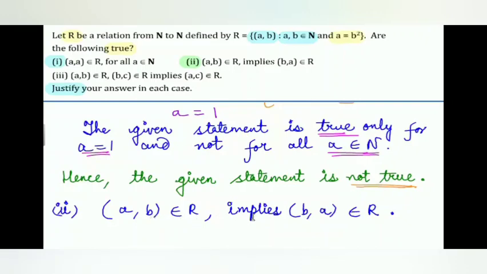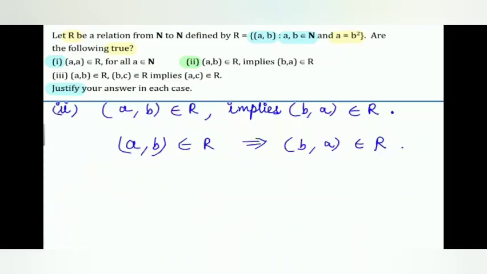(a, b) belongs to R implies (b, a) belongs to R. So that is also false. It's very simple. (4, 2) belongs to R since 4 = 2², but (2, 4) does not, because 4² = 16 is not 2. In (a, b) belongs to R, a = b², and you can also write b = a². Is that possible?